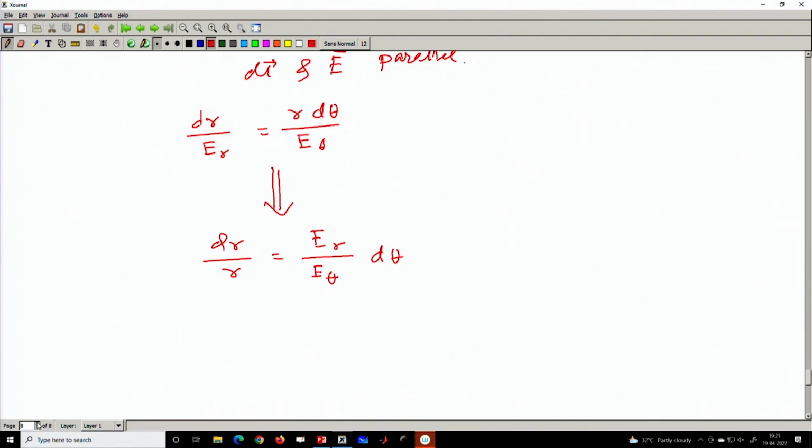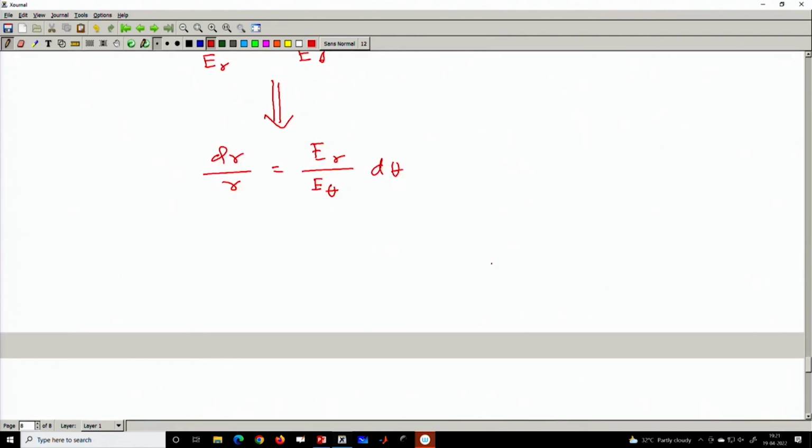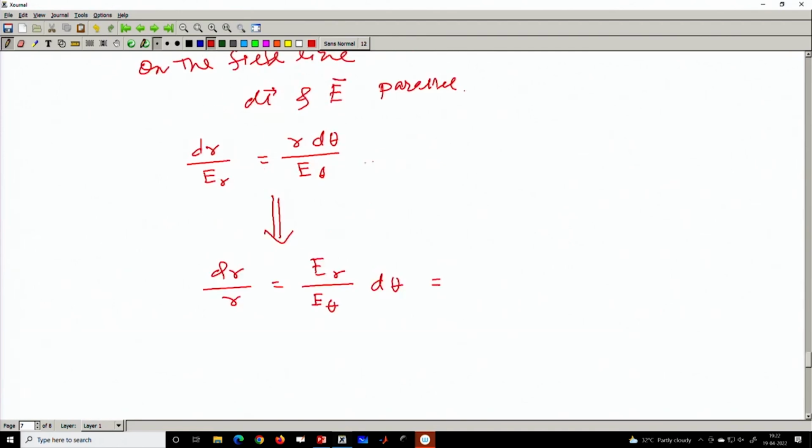And now, integrating this, what value are we having here? Er divided by E theta is 2 Er divided by E theta.